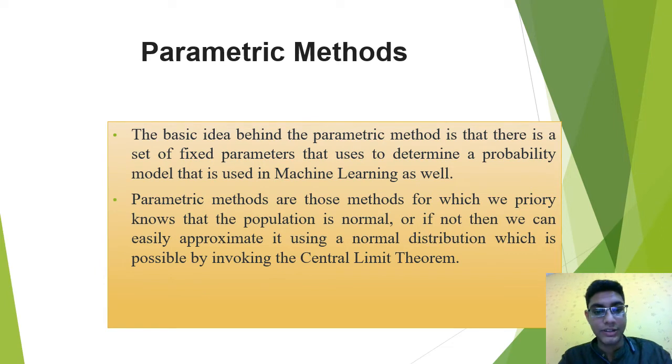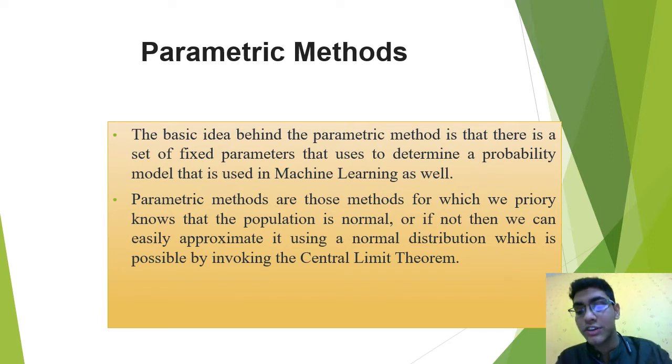Now, what are the parametric methods? The basic idea behind the parametric method is that there is a set of fixed parameters used to determine a probability model that is used in machine learning as well. So probability has a very important place in machine learning. Parametric methods are those methods for which we know a priori that the population is normal, or if not, then we can easily approximate it using a normal distribution, which is possible by invoking the central limit theorem.